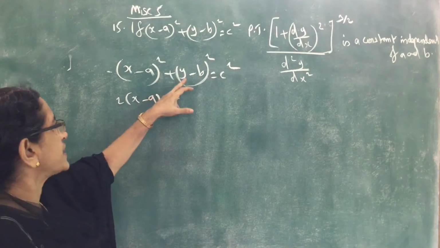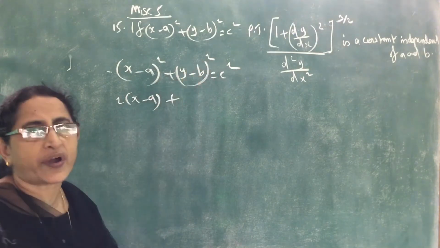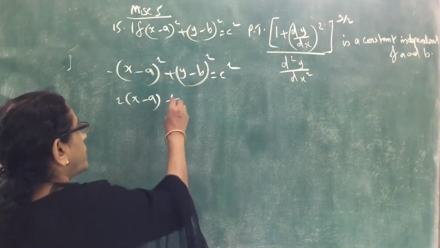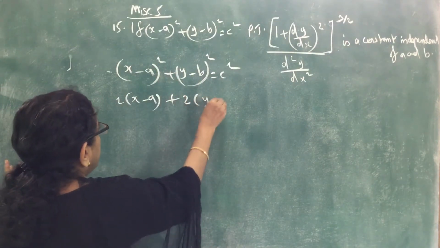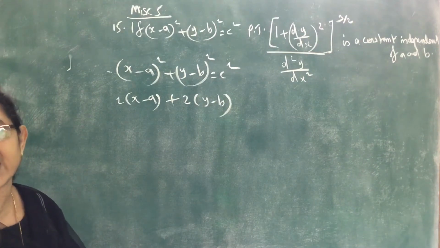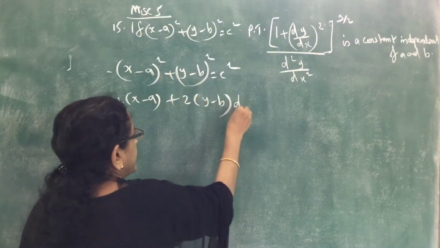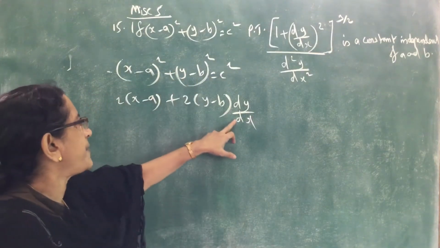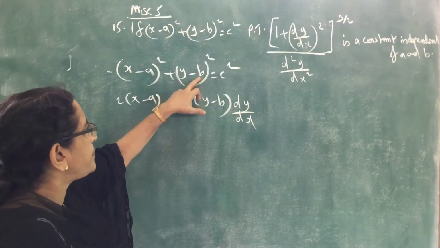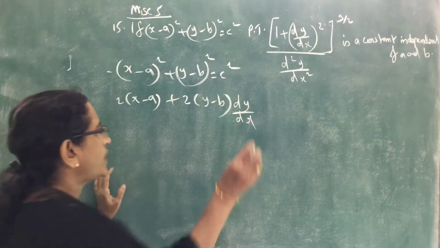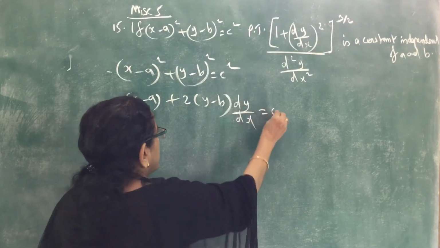Now we find the derivative of (y − b)² with respect to x: 2(y − b) times the derivative of y − b with respect to x, that is dy/dx. Derivative of y is dy/dx, minus derivative of b is 0, so only dy/dx remains, equal to the derivative of c², which is 0.